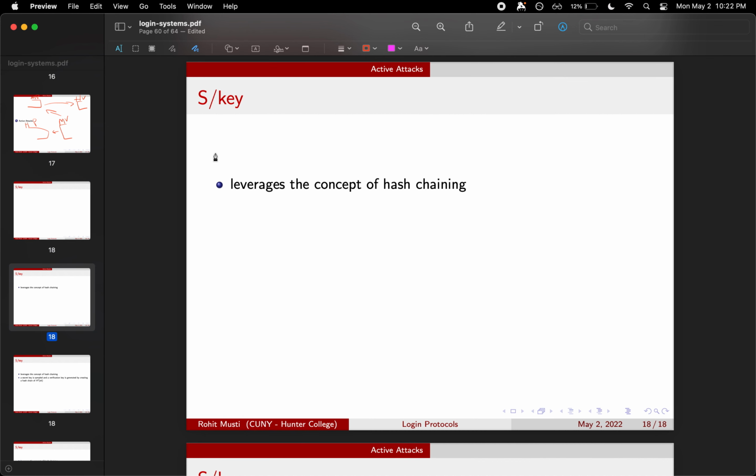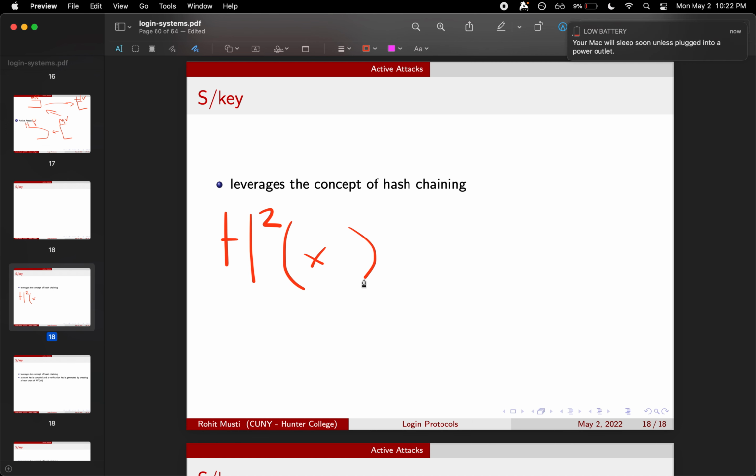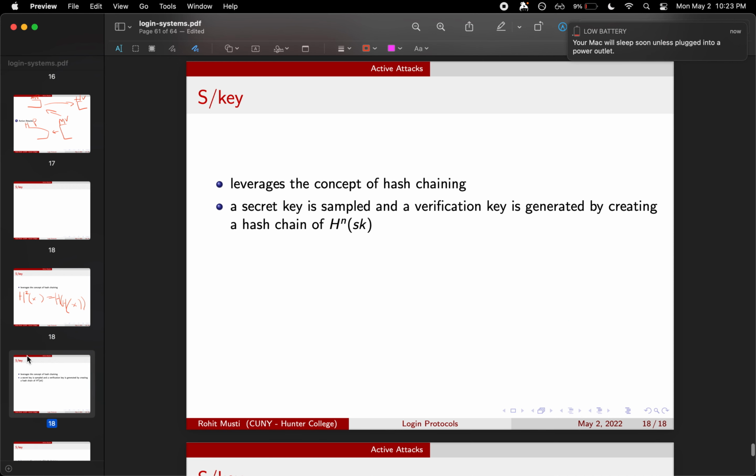They leverage the concept of hash chaining. Hash chaining says like h to the 2 of x equals h of h of x. So the secret key is sampled.